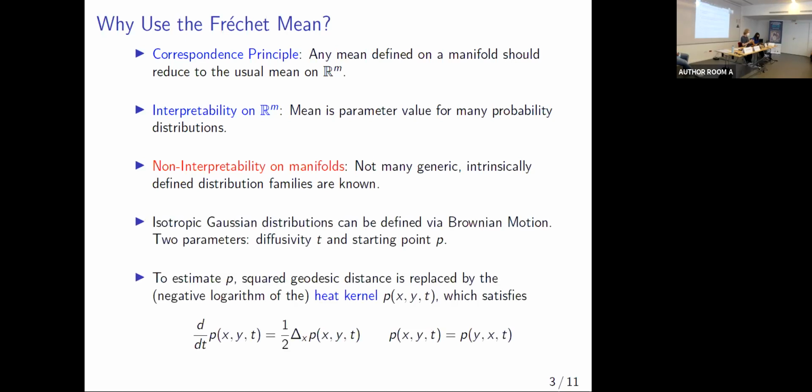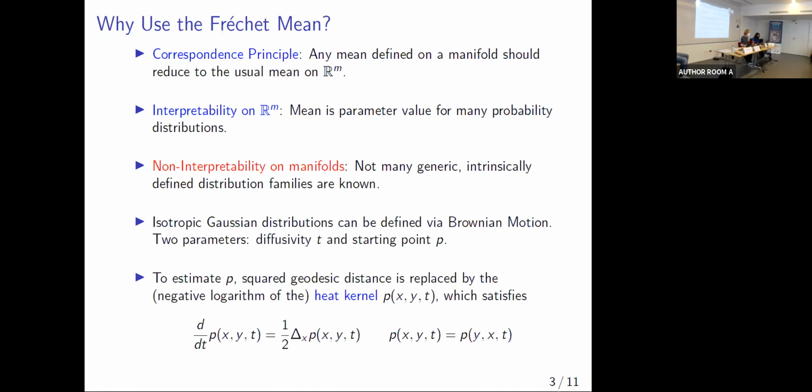And one intrinsically defined distribution family that we are especially interested in is the isotropic Gaussian distribution defined via a Brownian motion. That one has two parameters, namely the diffusivity, which is just a real number, and a starting point, which has, of course, one could say, m+1 parameters in an m-dimensional manifold.